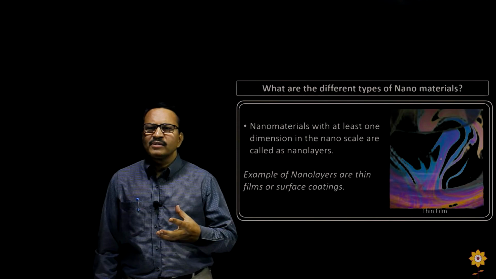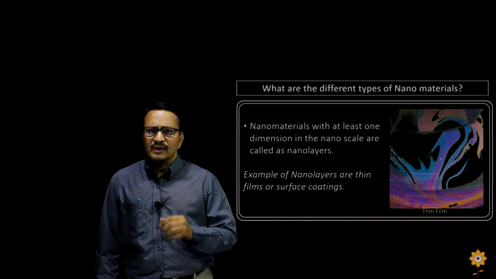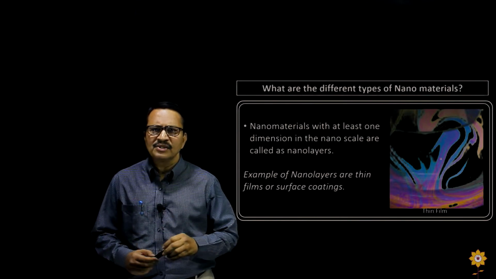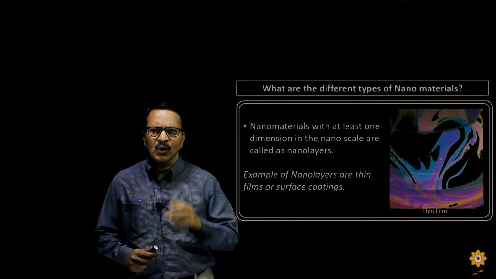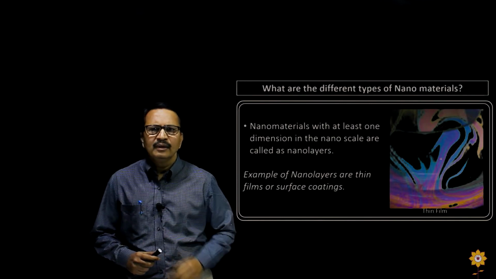So what are the different types of nanomaterials? A nanomaterial in which the nanoscale is extended only in one dimension, such a kind of nanomaterial we call a nanofilm or a nanocoating.